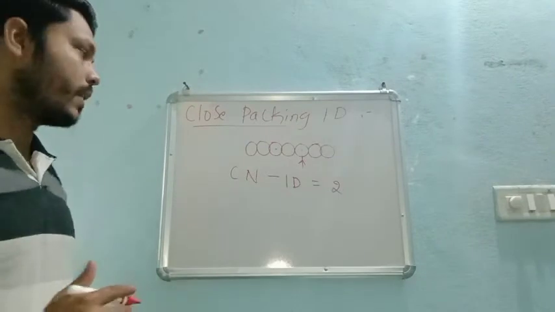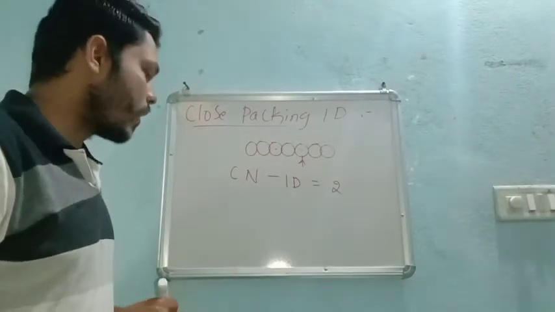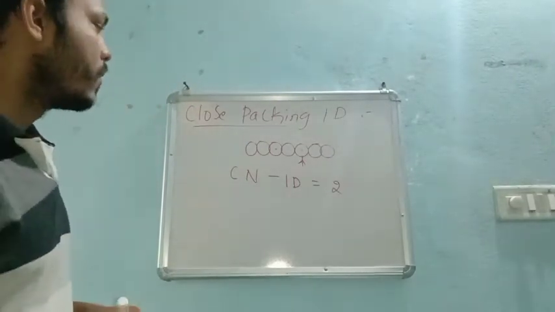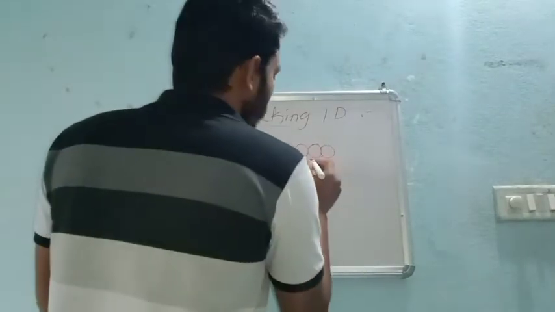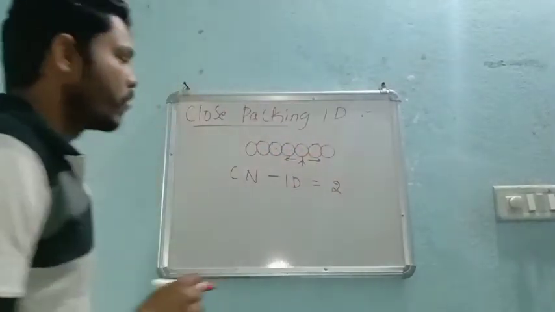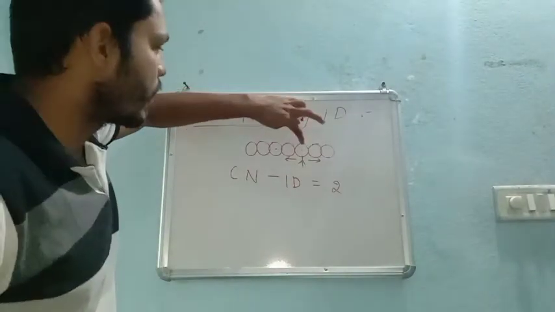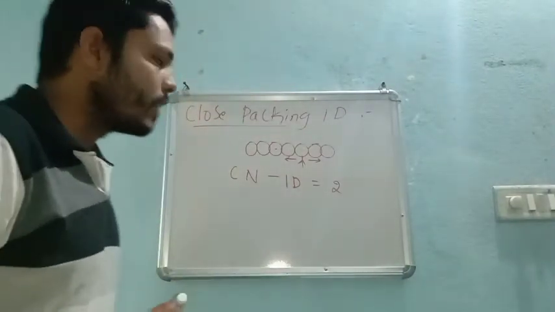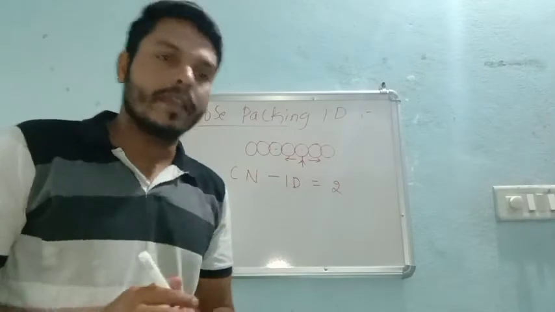So always in one dimension type of arrangement, the coordination number will always be 2. Why? Because in one dimension we can arrange the constituent particles in one row.